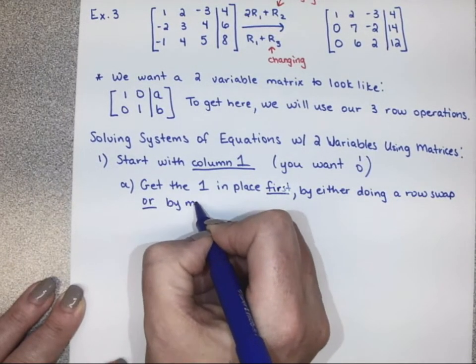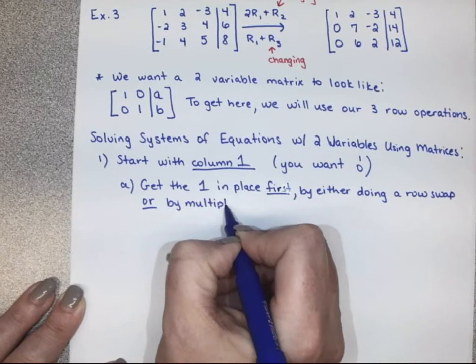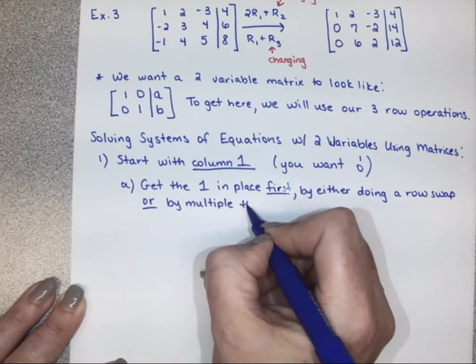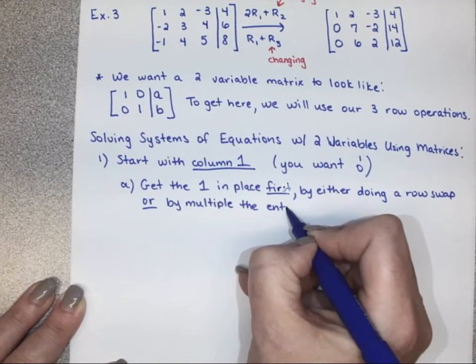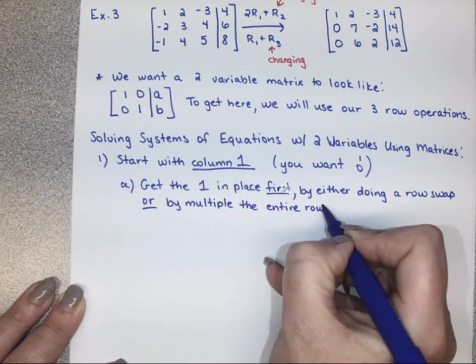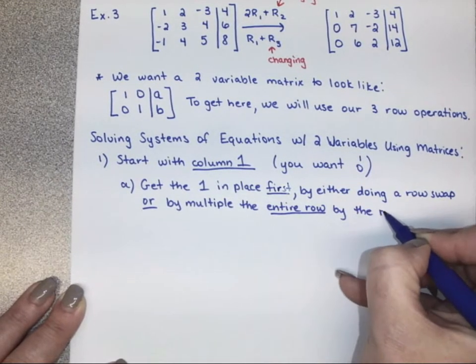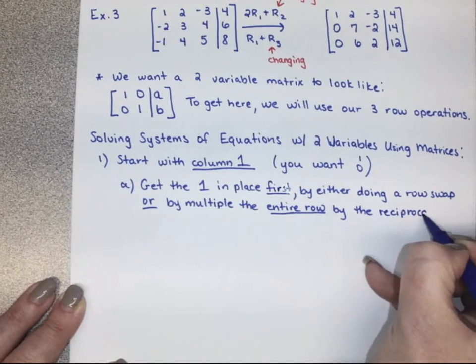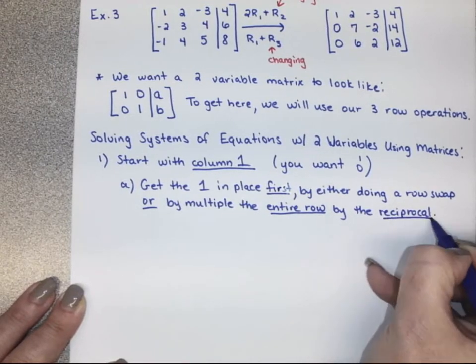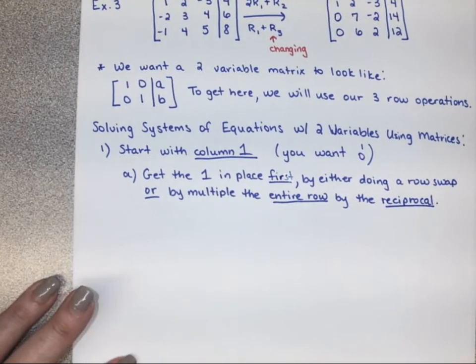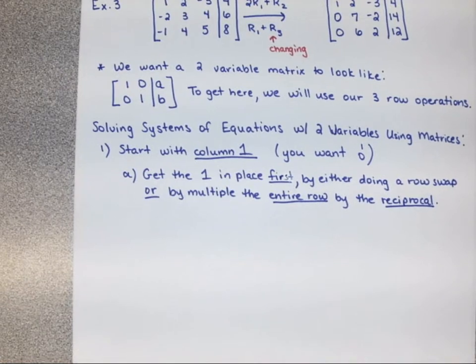You can also multiply by the number's reciprocal. So you're going to multiply, remember, the entire row by the reciprocal. Okay, does anybody remember what reciprocal means? Like, what's the reciprocal of 1/2? 2 over 1, you just flip the fraction.